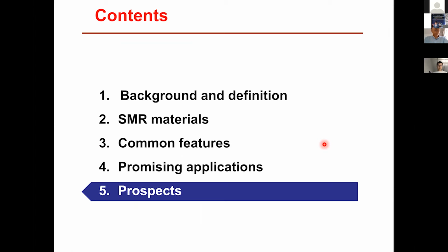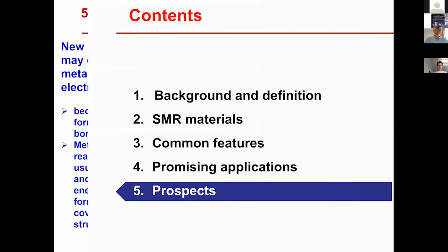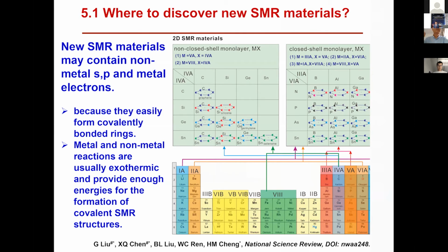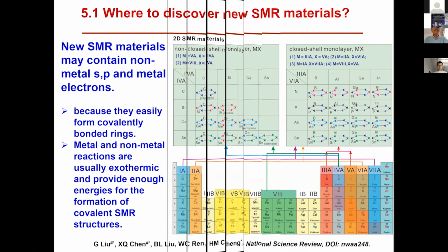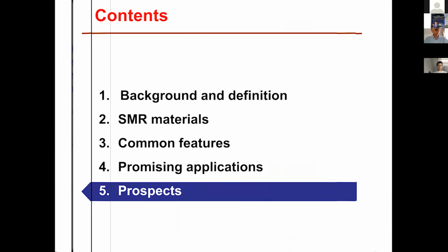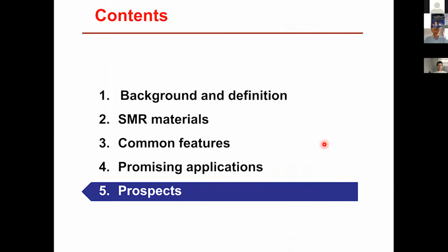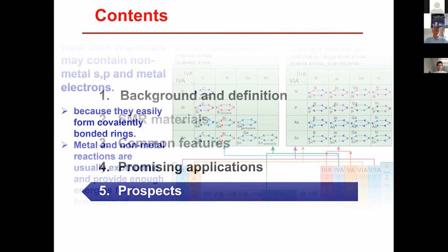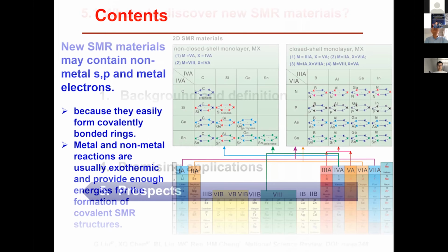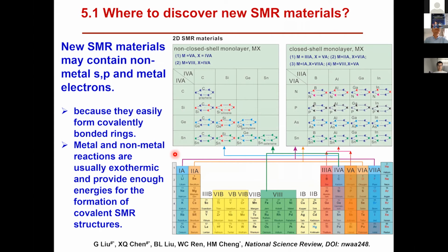Finally, I will go to the prospects. First, we would like to consider where and how to find new six-member ring materials. We think the new six-member ring materials may contain non-metal sp and metal sp electrons.